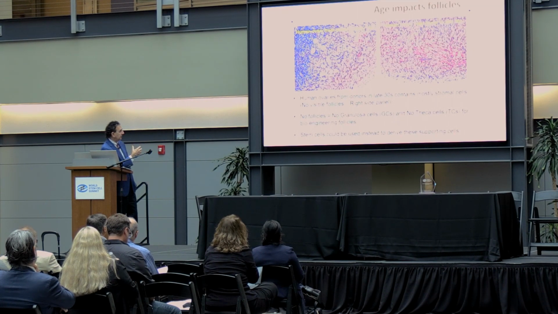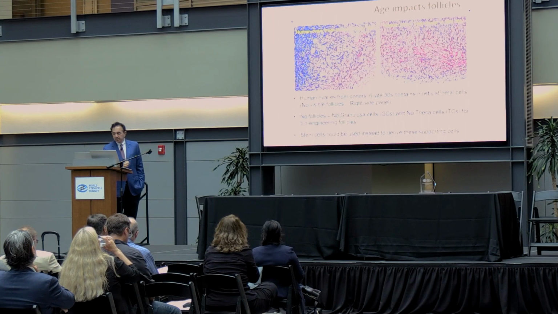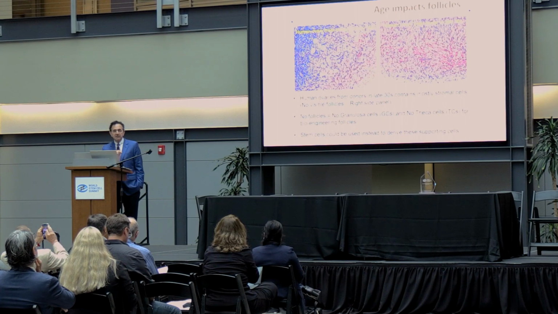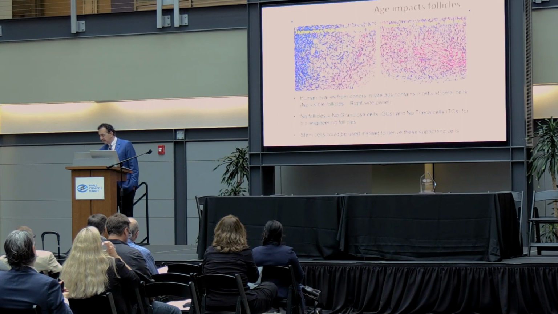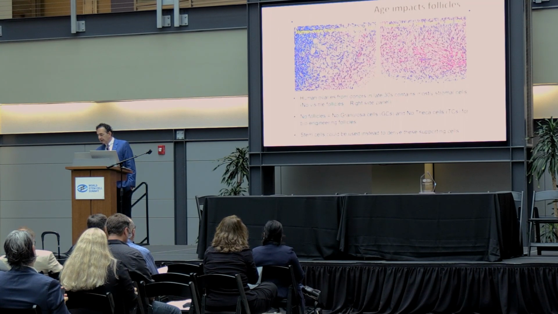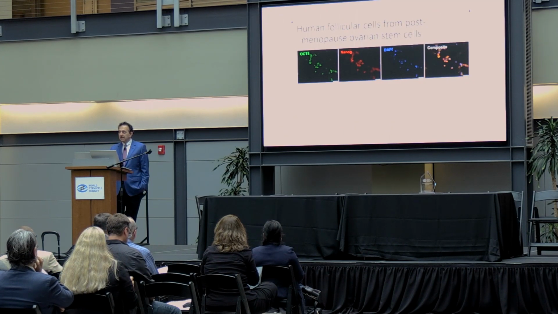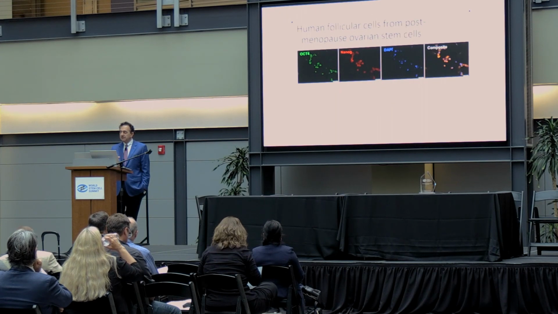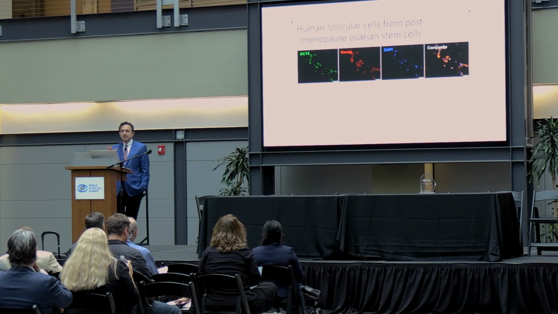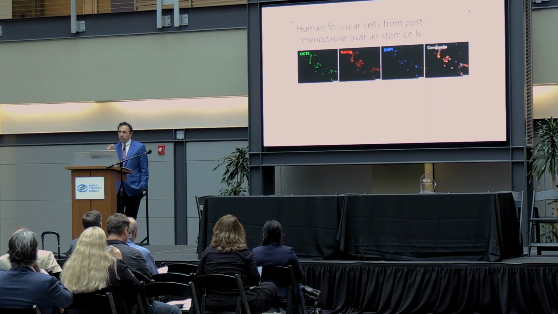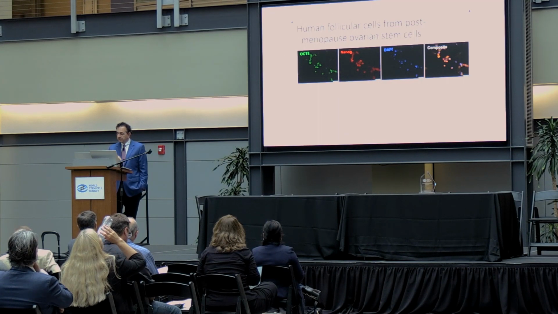So basically, what we wanted to do is look at stem cells from these tissues, undifferentiated cells that we could take. Here we were able to obtain human follicular cells from postmenopausal ovarian stem cells. We were looking for the stem cell in the ovary.